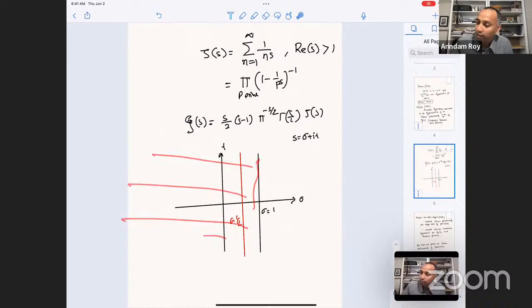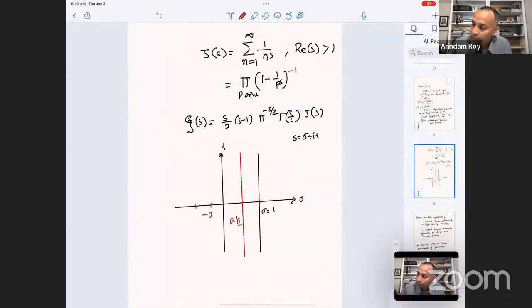So then we understand that the Riemann zeta function is defined on this side, and there is a lot of study going on. For example, if we take the negative even integers, it turns out these numbers are the zeros of the Riemann zeta function.